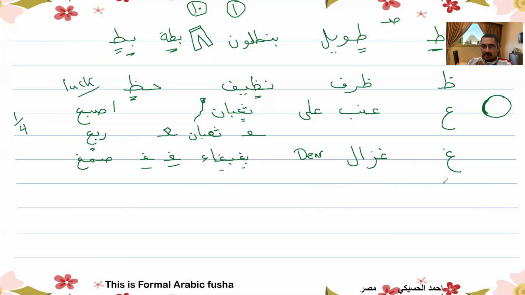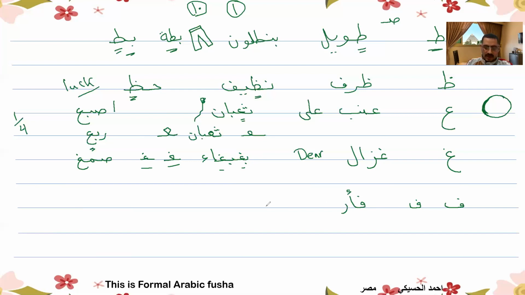The next letter is fa. Fa has an edge here and a dot above it, one dot above the line, above the circle. For example, mouse is called far.